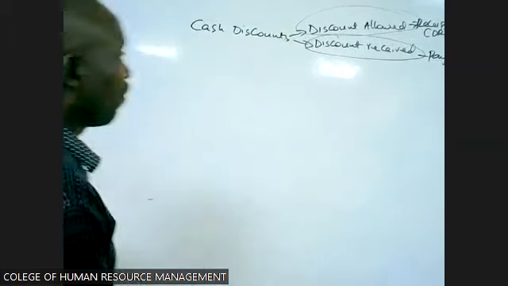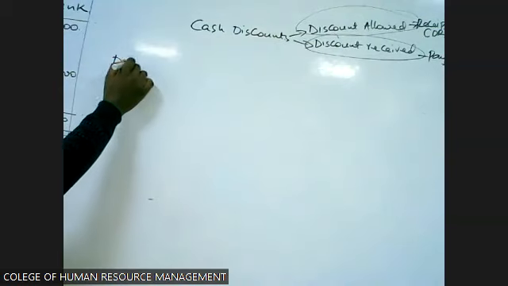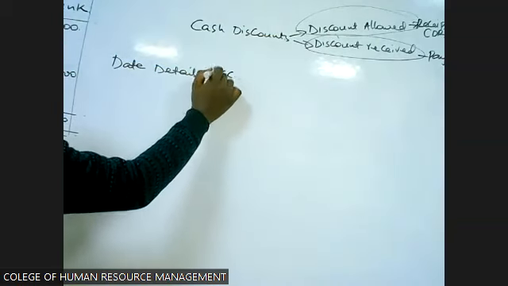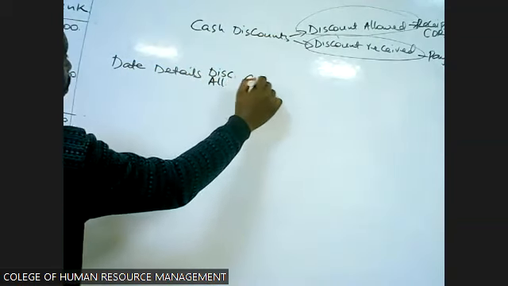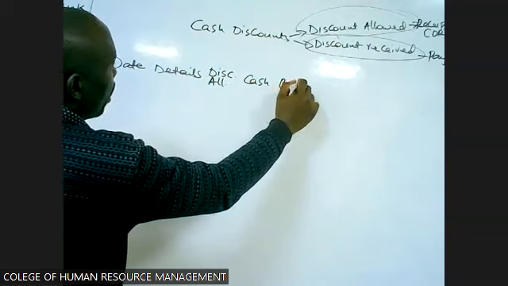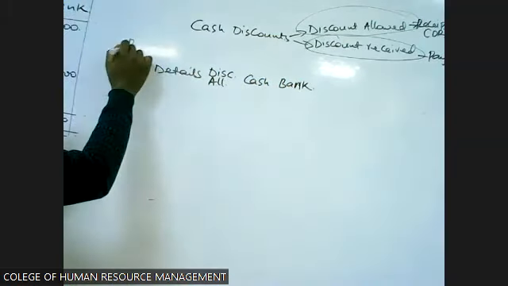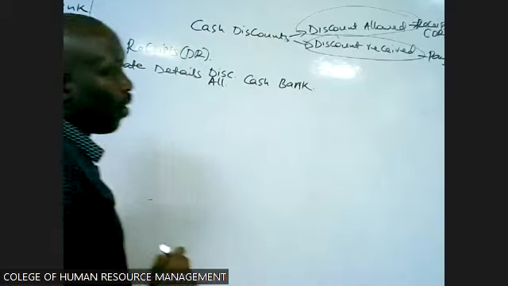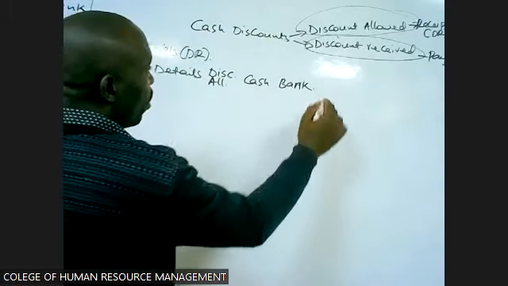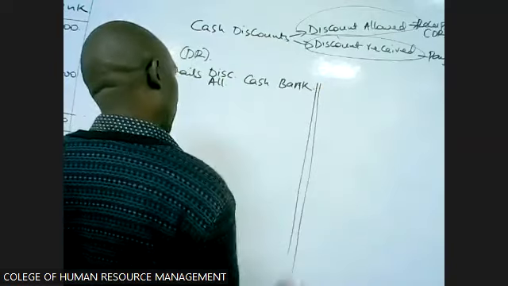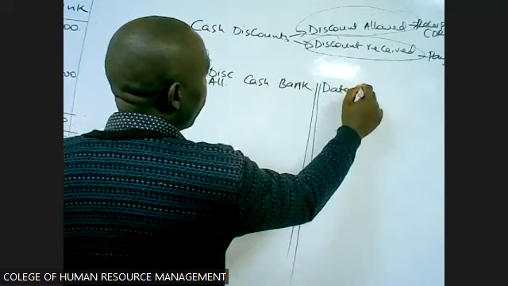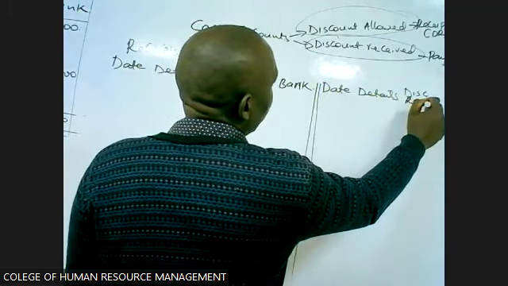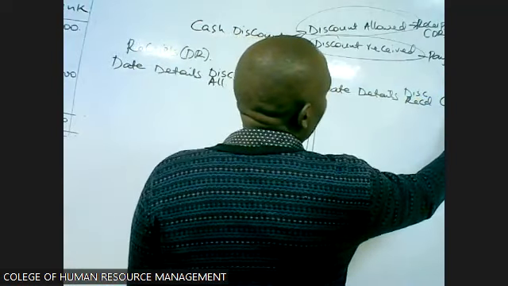So it is going to have the following format. We are going to have the date, the details, the discount allowed, then the cash and the bank. This is on the receipts or the debit side. On the other side, which is the payment side, we are going to have the same date, details, discount received, cash, and bank.